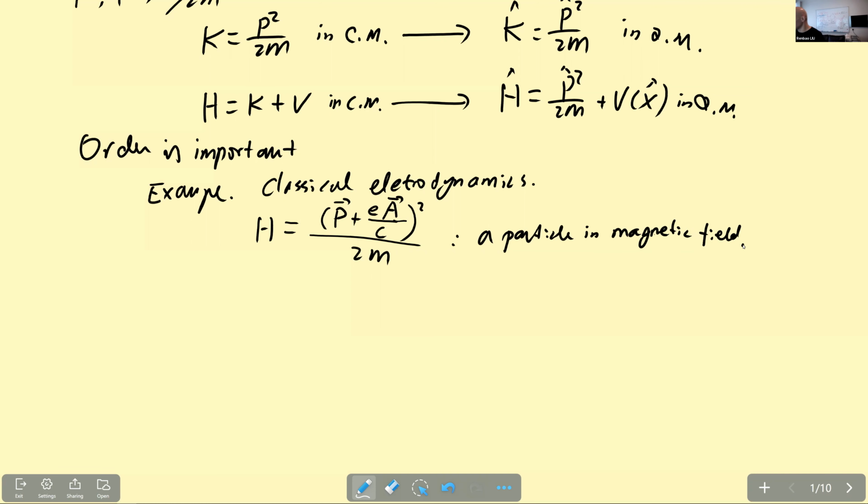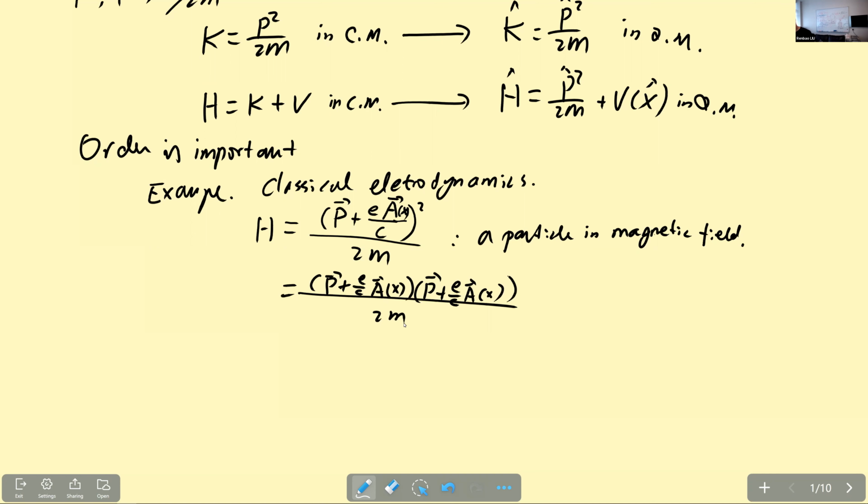But if you have a magnetic field, this vector potential depends on the position. And in this case, when you do the square, that actually means the product of this one, and then you're going to have some trouble. So what do we mean by P and A?